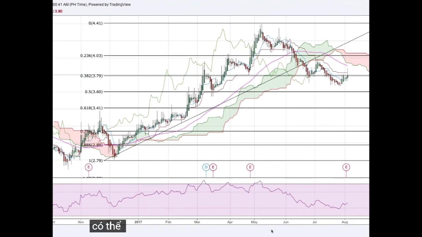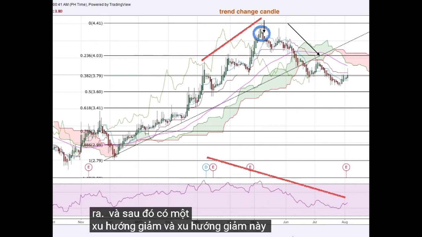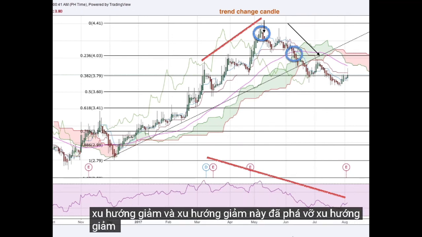Now here's another chart. Again, we see an uptrend, but we also see a bearish divergence. There was a trend change candlestick on top, and then there was a downtrend, and this downtrend broke the Kumo to the downside.